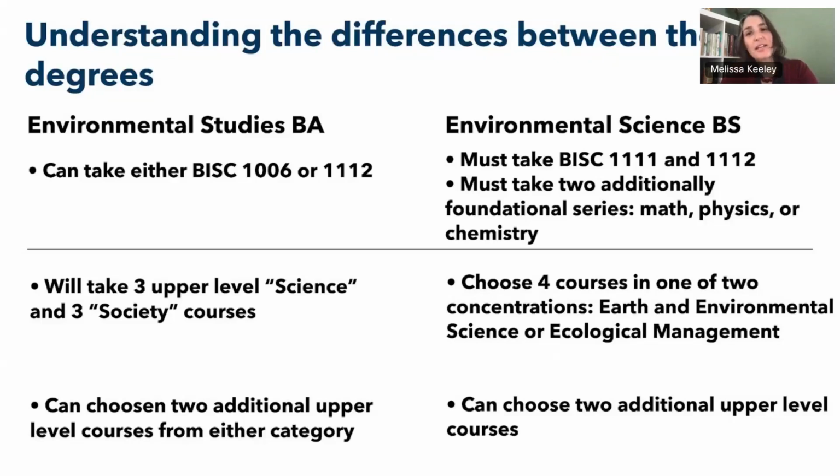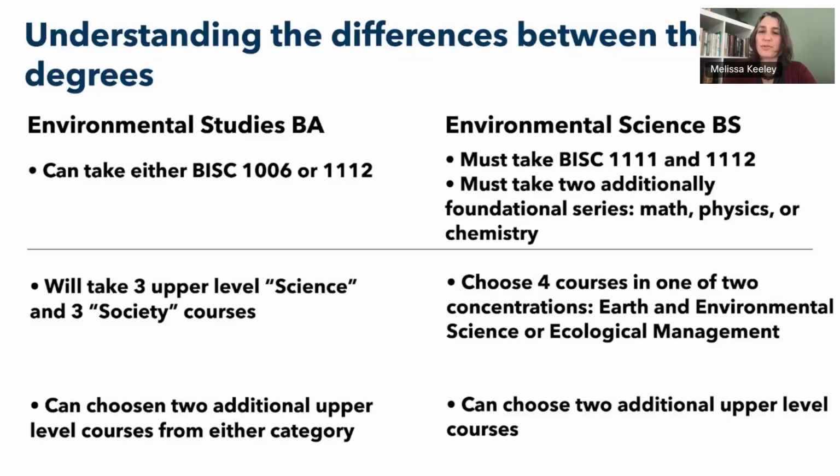On the other hand, our environmental science Bachelor of Science, those students need to take the full series of biology. So BISC 1111 and 1112. They have to take an additional 2 foundational series in math, physics, or chemistry.